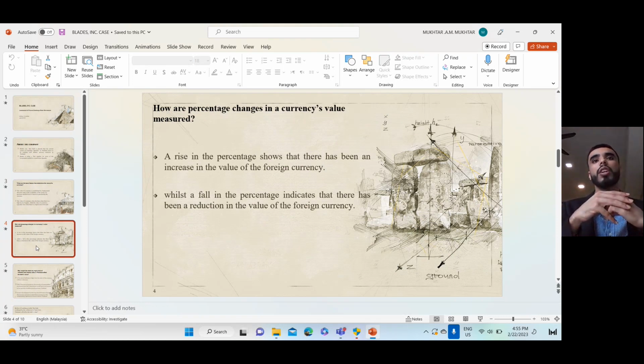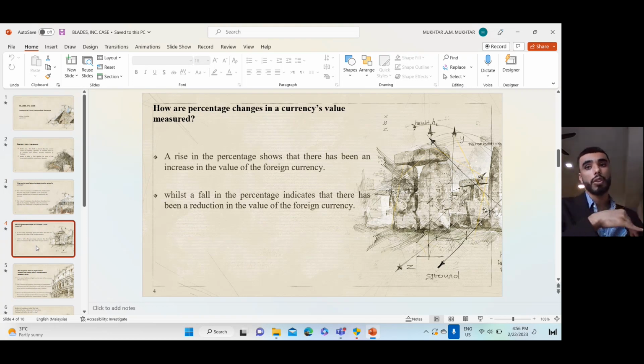percentage changes in the currency value measured. A rise in the percentage shows that there has been an increase in the value of foreign currency. So from my perspective, a rise in percentage shows an increase in the value of foreign currency.